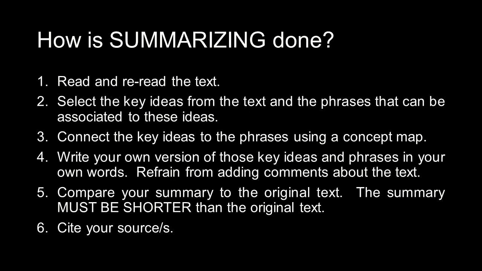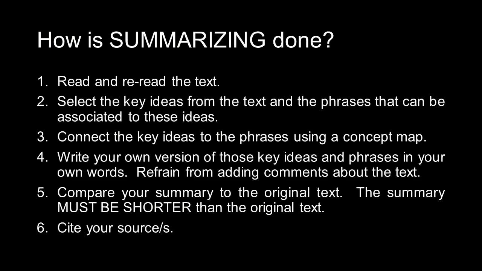Second, while you are reading and even after you have read the text, you have to select and highlight the key ideas from the text and the phrases that can be associated to these key ideas. You can make use of highlighters or even annotate at the borders of the page of the book that you are reading. You can place there the key ideas and the key phrases which you think are relevant in creating your summary.